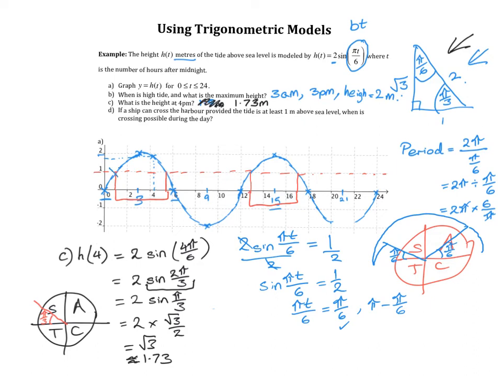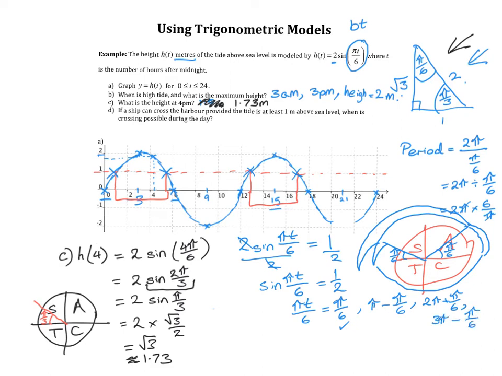So that must be this one here and this one here. What about these 2? To get 2 more solutions, we need to go around again. So let's keep going. Around to 2 pi, and then up another pi on 6, so our next solution will be 2 pi plus pi on 6. And then all the way around to 3 pi, then minus pi on 6.